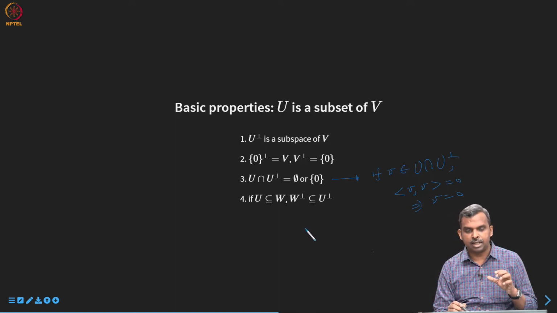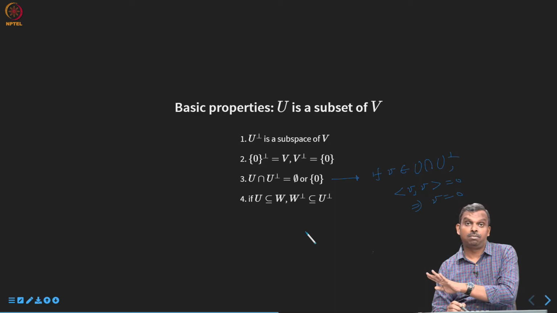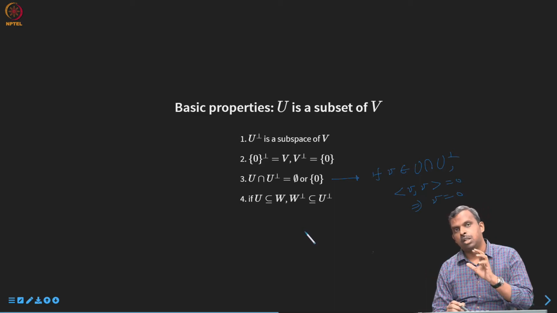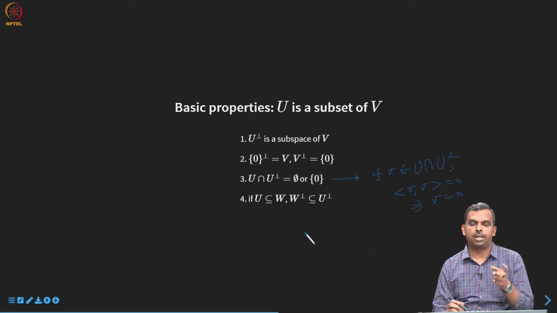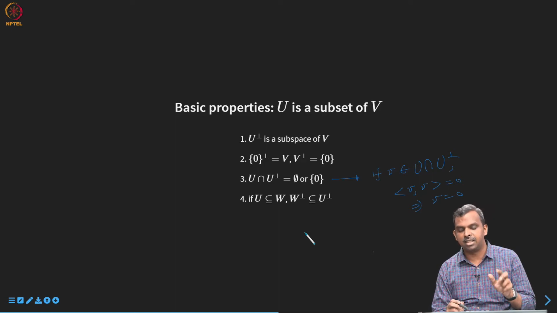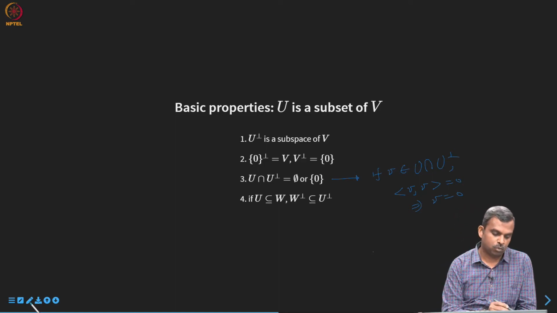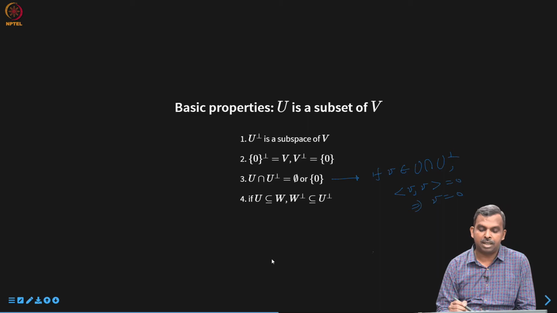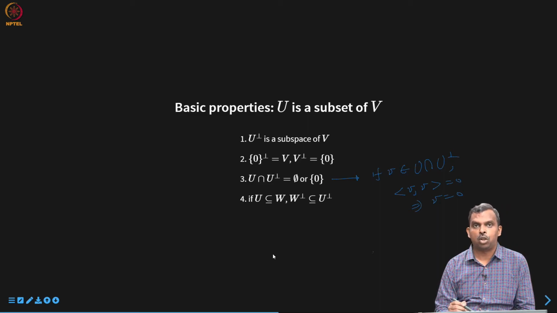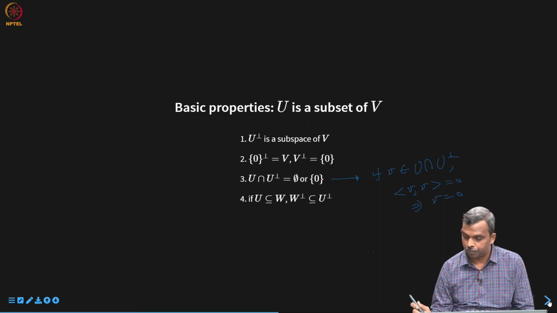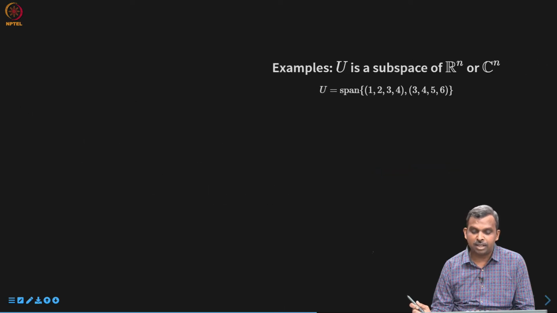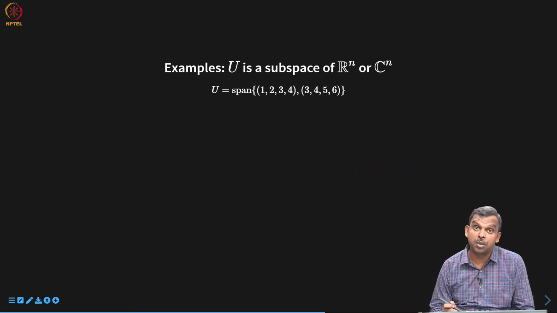If U is a smaller set, U perp will be a larger set. So U is contained in W, U perp will contain W perp. It goes in reverse because the conditions work that way. Some basic properties, some basic intuition to build upon for orthogonal complements. The next actually interesting case is when U becomes a subspace itself.